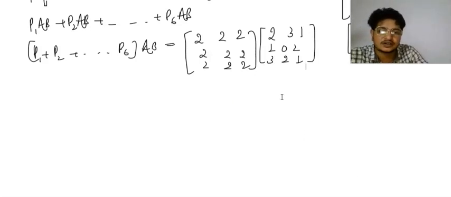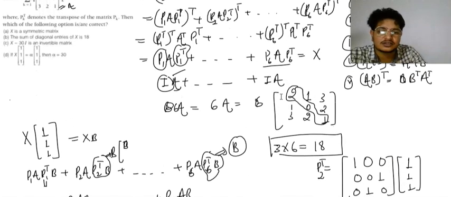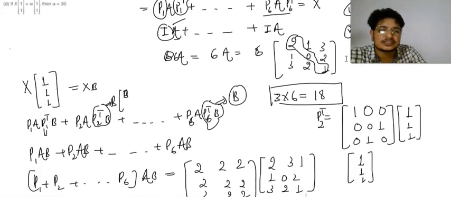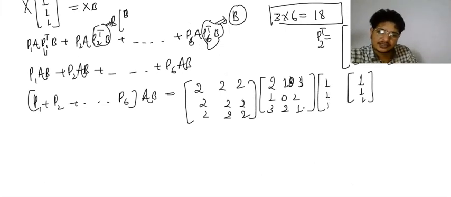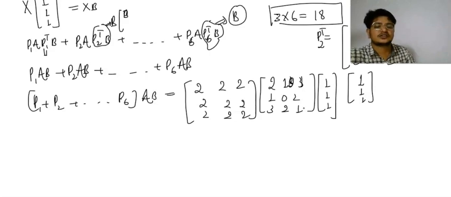Let's check the value of A, whether it is correct or not. Sorry, yeah, 213, 102, 321. So here I had written it wrong. So 213, 102, and 321. Yeah, this one is written correctly. And instead of B, I will write the value as A. Just multiply this one and this one, and whatever value you get, you can mark it as the correct answer.